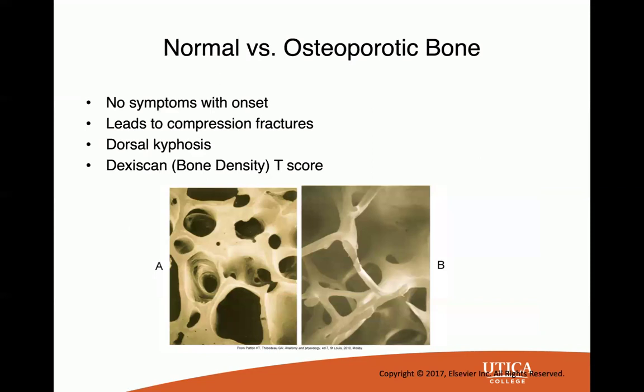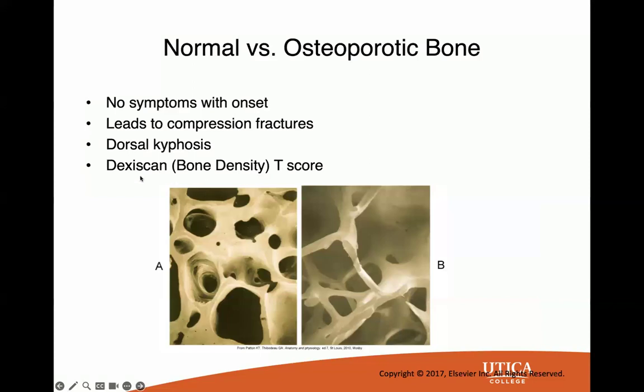This is just a comparison between normal and osteoporotic bone. So remember, osteoporosis is essentially the loss of bone density. As you get into primary care, you'll be thinking about things like your DEXA scans. This is a way you can measure bone density, especially as individuals get older. As that density decreases, you have the opportunity for more fractures or deformities of the spine or any of the other bones.